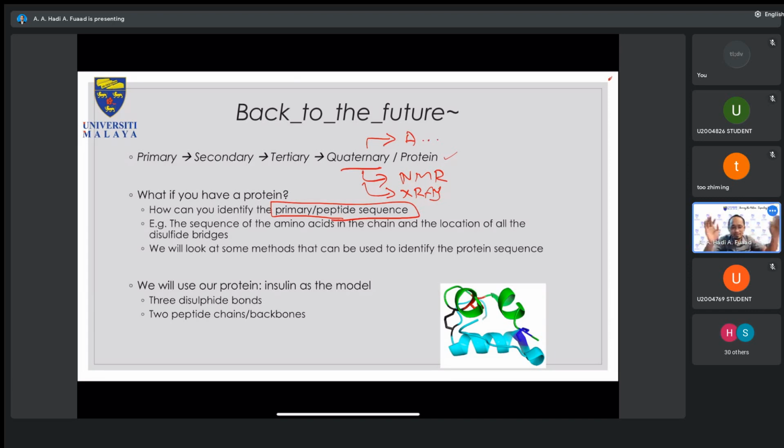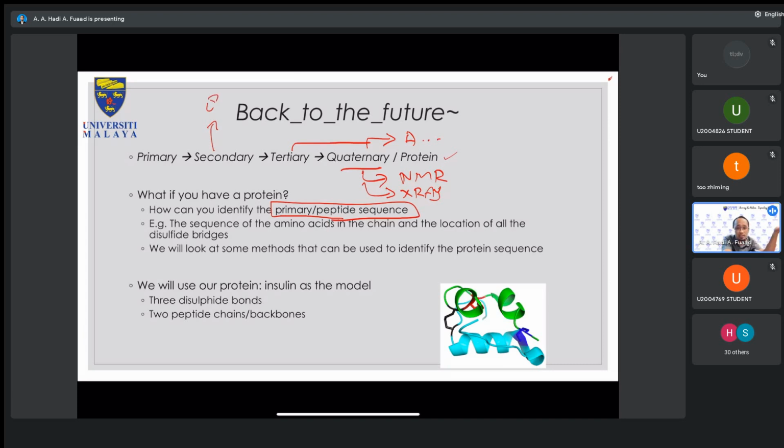I can't remember off the top of my head. But if I recall correctly, I will talk to you about it again in the future. There are more and more techniques being developed to look at the full structure of a protein, so the quaternary or the tertiary structure. And of course for the secondary structure, there's also a method.